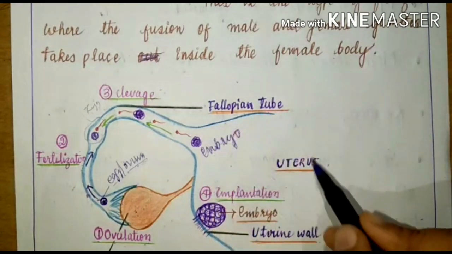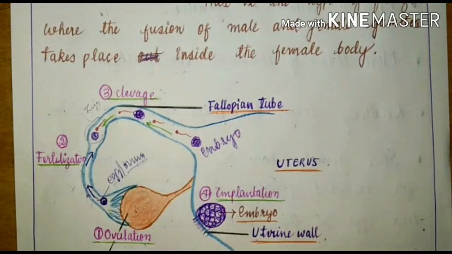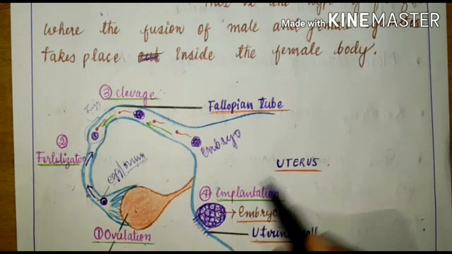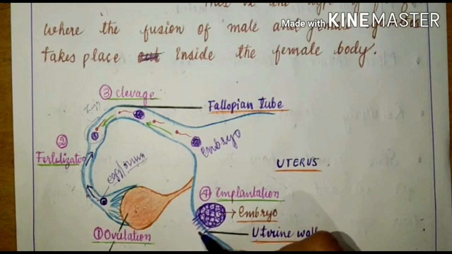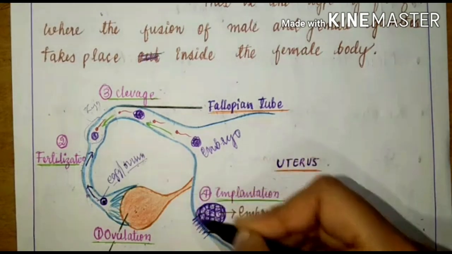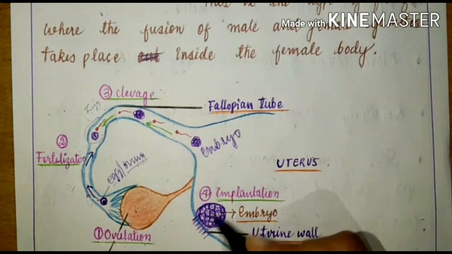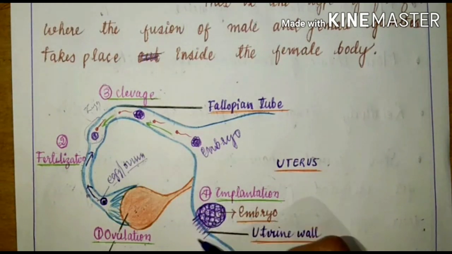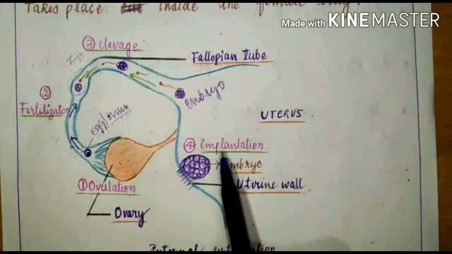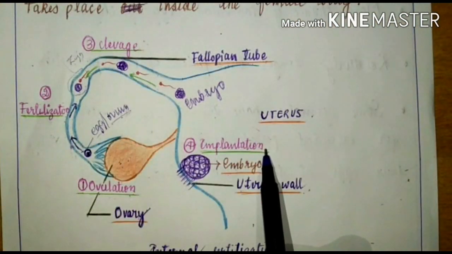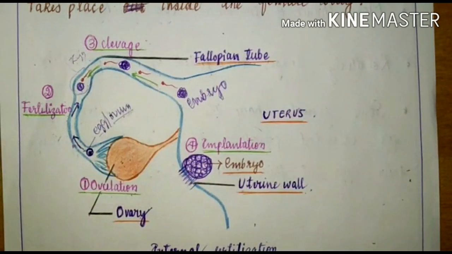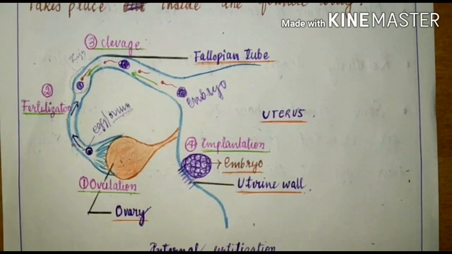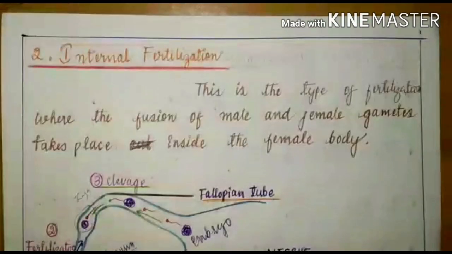This embryo will enter the uterus and get attached to the uterine wall. This process we call implantation. So this is how internal fertilization takes place. I hope you understood internal fertilization as well.